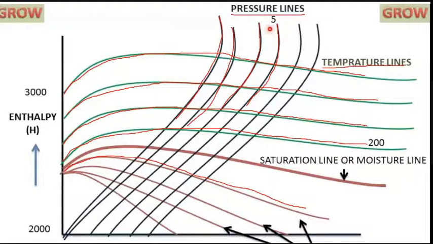If you are having a steam table with a Mollier chart, you can see a dotted curve line. Those dotted curve lines are called constant specific volume lines.